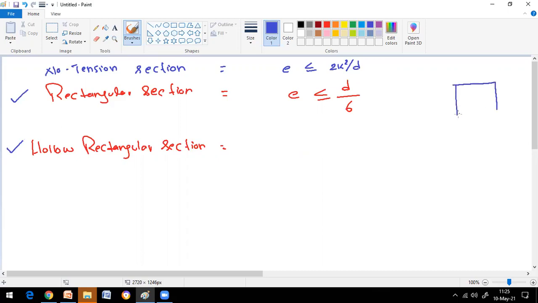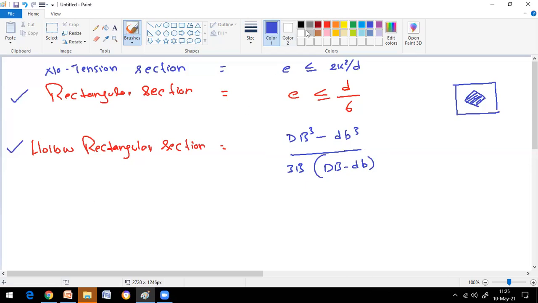Just now I drew the center; within this limit only your eccentric distance should be maintained. In the same way for a hollow rectangular section it should be maintained as (BD cube minus bd cube) by 3 times... This is for the vertical diagonal, right?